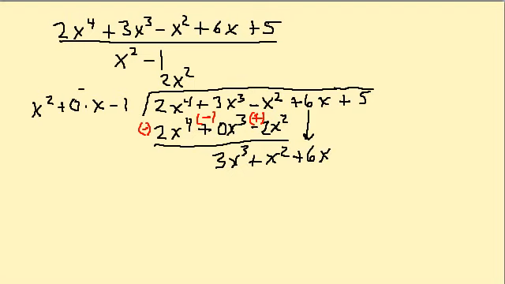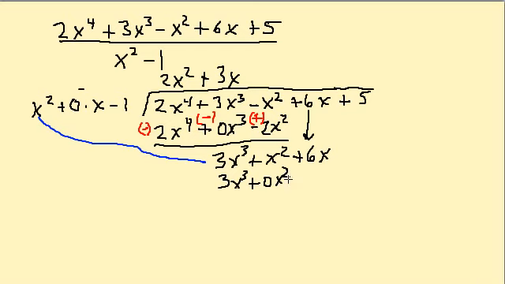So now I say, what do I multiply to x squared to get 3x cubed? Well, that's plus 3x. So I multiply 3x times x squared plus 0x minus 1. So 3x times x squared is 3x cubed. 3x times 0x is plus 0x squared.